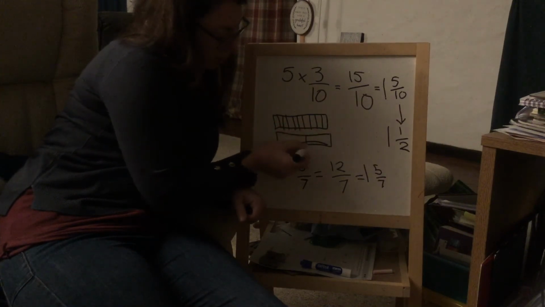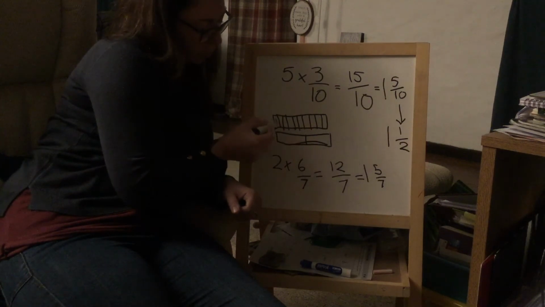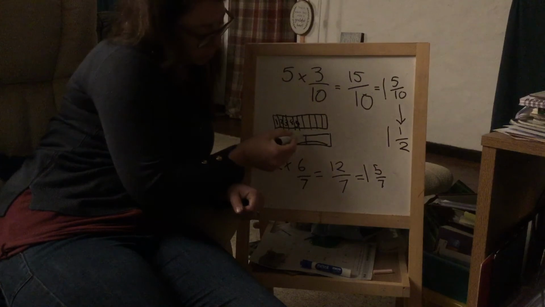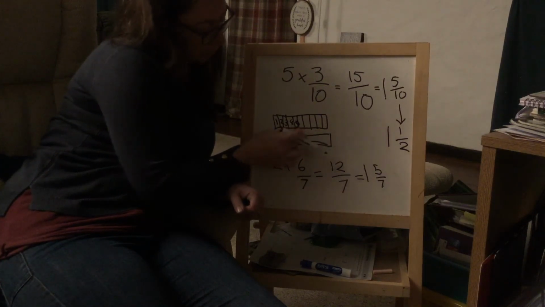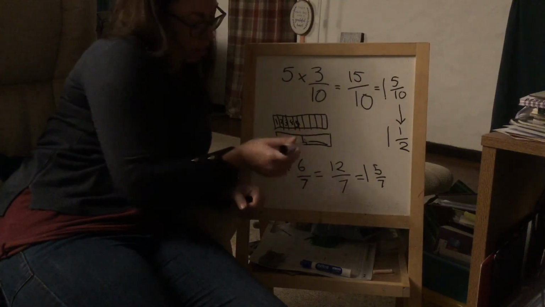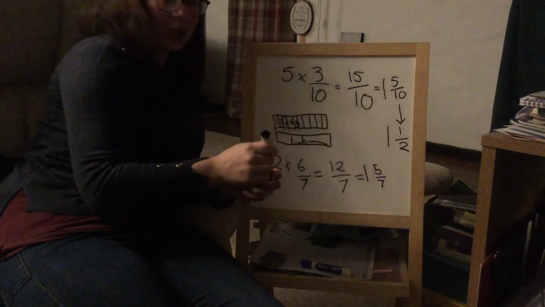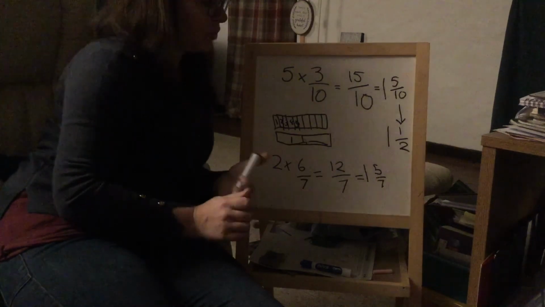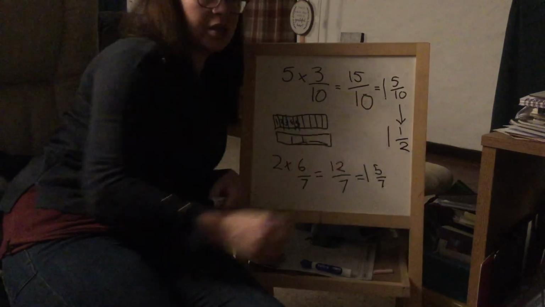And then if you've got 1, 2, 3, 4, 5 there, and you've only got 1 out of 2 there, you can see they're exactly the same. You'd have to measure and make sure you draw them accurately. But hopefully you're all starting to see that now.